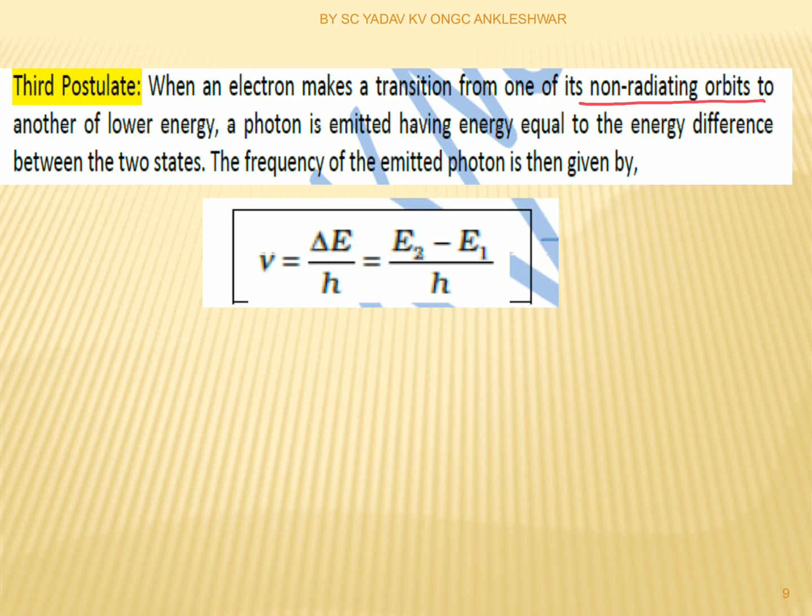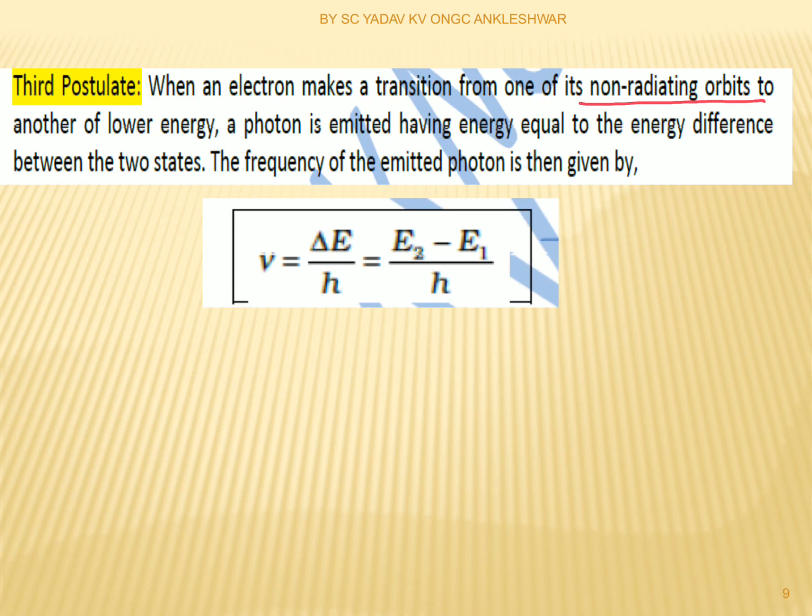And the third point is, when an electron makes a transition, it goes from one energy state, from one orbit to another orbit, and in that case only energy changes. Suppose you are a student of class 11th and you want to go to class 12, so the energy level is different. In order to get admission in class 12, you should have the knowledge of that class. So for transition, more energy is required, more knowledge is required.